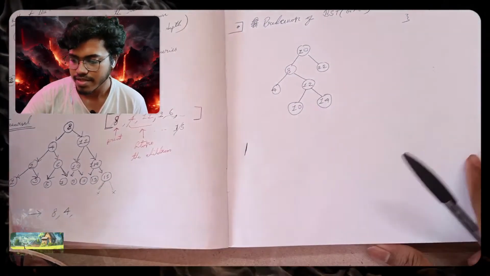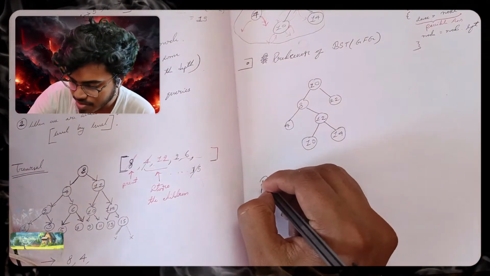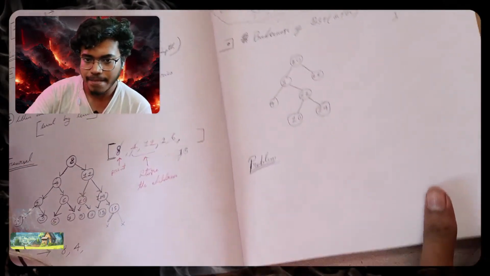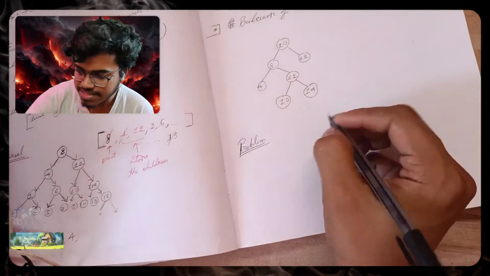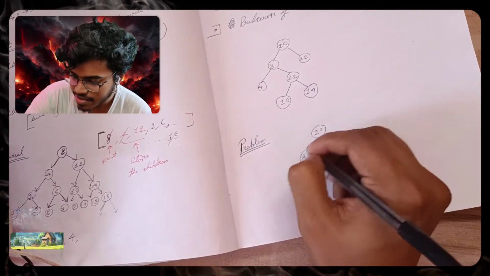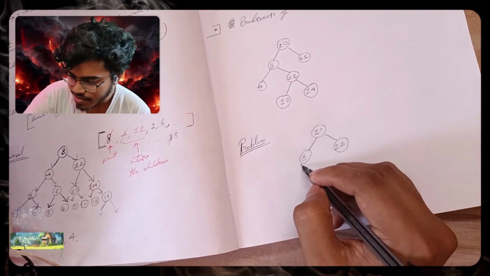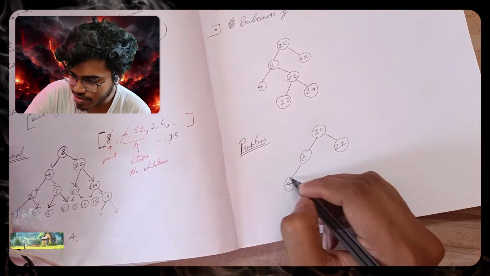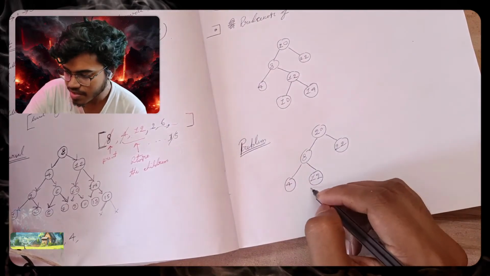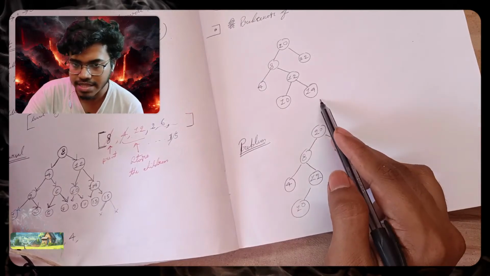The problem with this question is, suppose you have a tree like this: 10, 22, 4, 12 and 10. Let us say we don't have 14 like the tree over here.